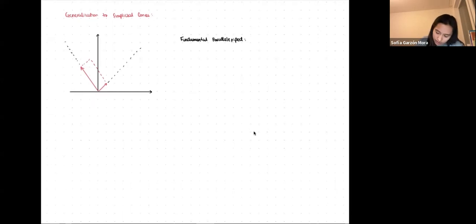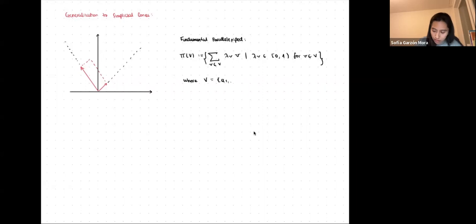This is basically I take all the generators of a cone, and I take the sums of each generator times some lambda, where these lambdas include 0 but are strictly less than 1, for b in B, where B is just a set a1 up to ad of primitive ray generators of the cone.